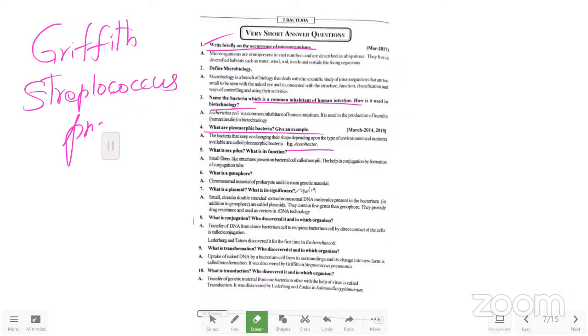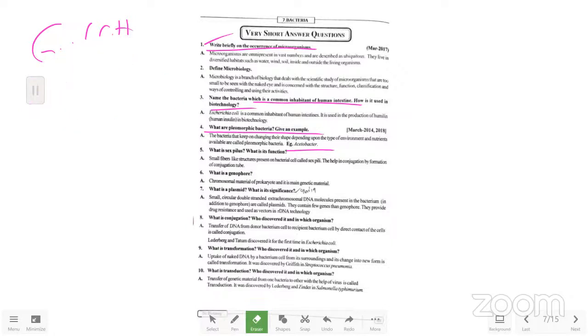Okay, next one is transduction. Transduction means transfer of genetic material from one organism to another organism through a virus, a bacteriophage.